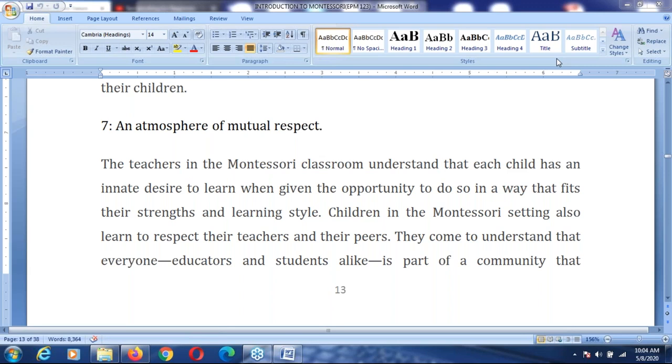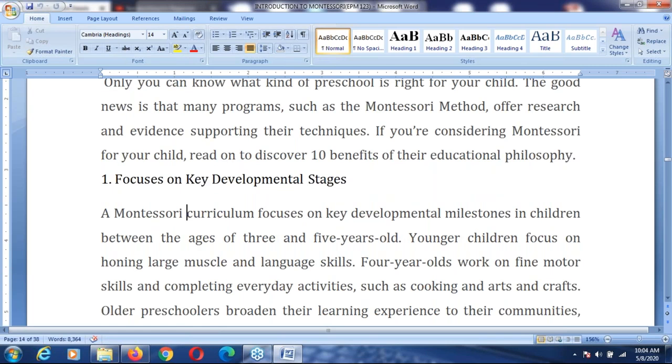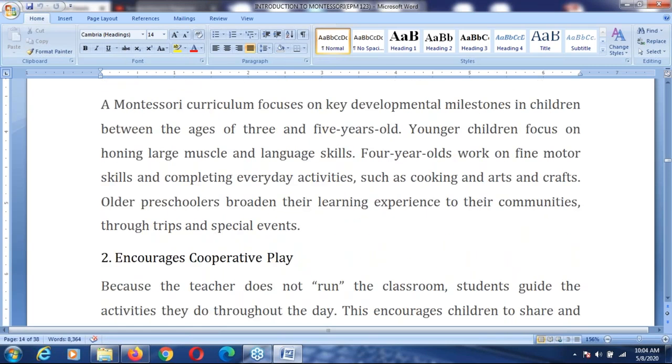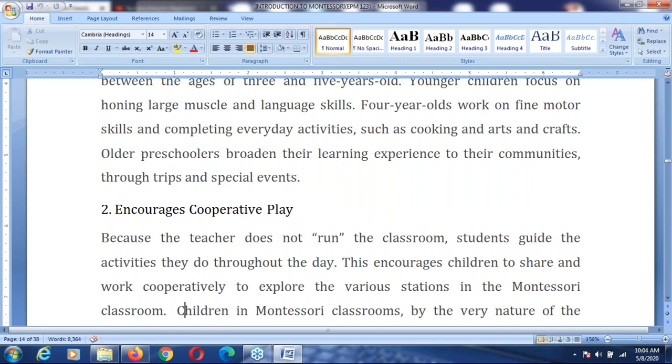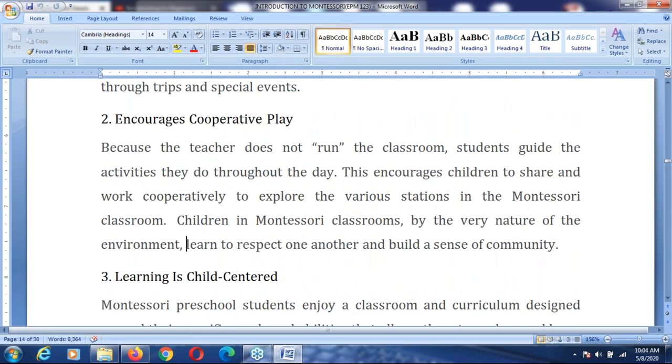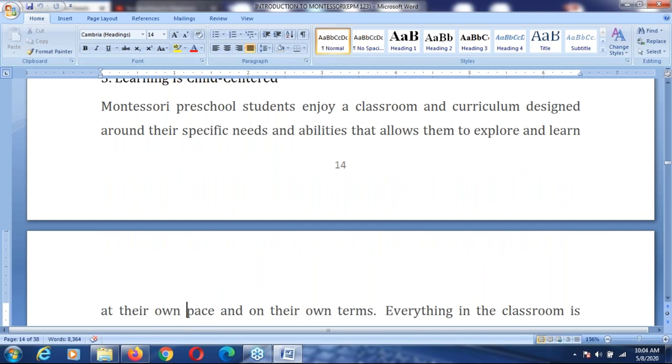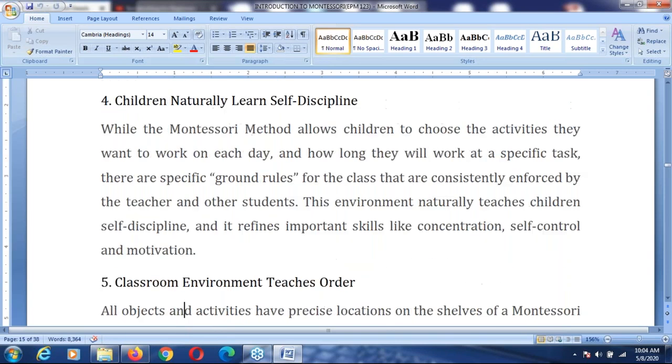Another benefit, children naturally learn self-discipline. Children in Montessori education naturally learn self-discipline. Montessori education allows children to choose activities of their own interests and explore them independently to discover new knowledge, and to obey ground rules.